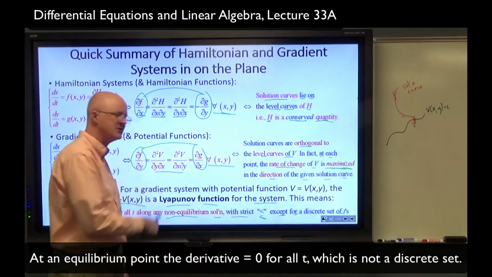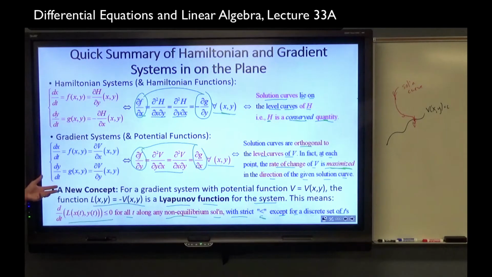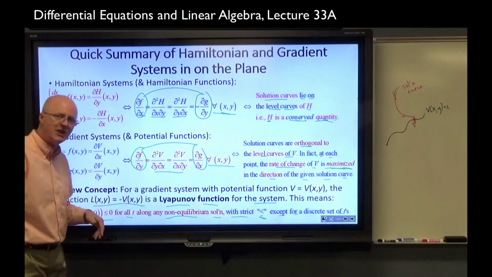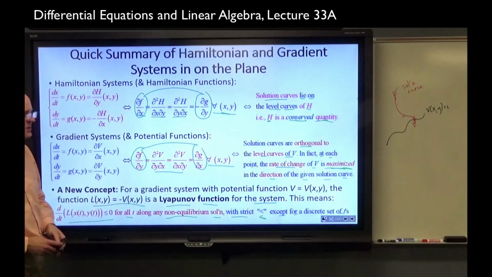So you mostly have strict inequality for this derivative. What is this telling you? It's telling you the Lyapunov function is decreasing, for the most part, along solution curves. And when it has 0 rate of change, it's really only for a moment, so to speak, because of that discrete set of t's.